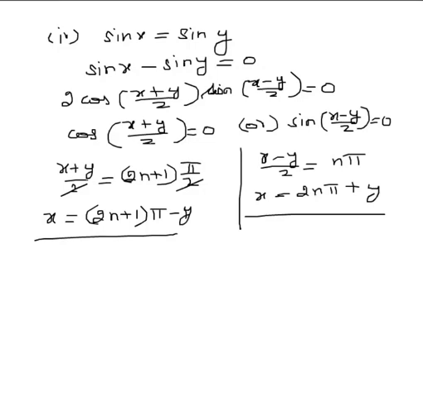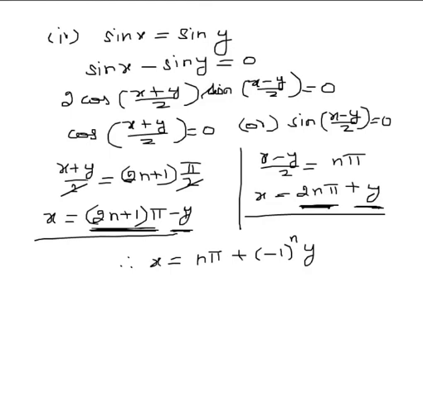Let us write the answers putting these two answers together. Therefore, x can take any multiple of pi. It becomes n pi plus minus 1 whole power n y. If it is an even multiple of pi, it is plus y here. For odd multiple of pi, it is minus y.